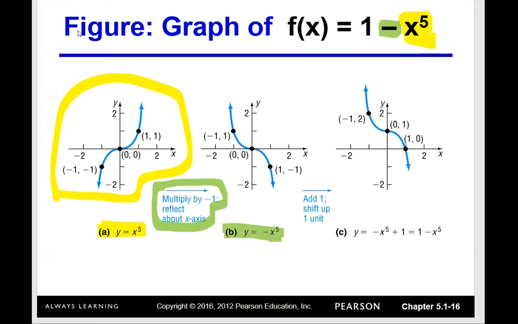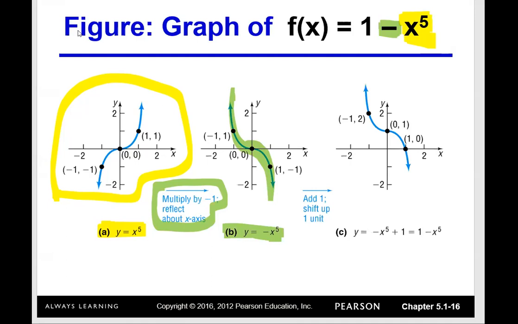So the graph is now doing this. When you put a negative in front, remember it flips it around the x-axis. So whatever was in quadrant 3 is up in quadrant 2, and what was in quadrant 1 is now down in quadrant 4.